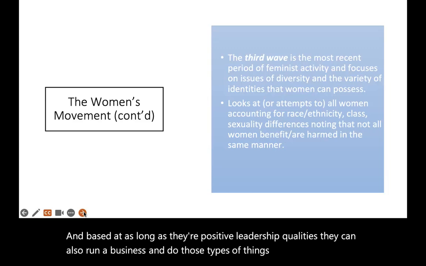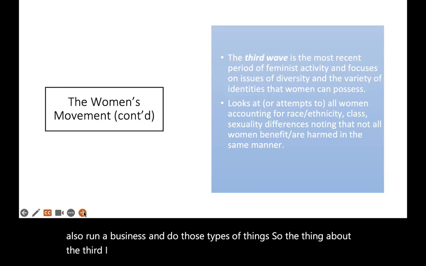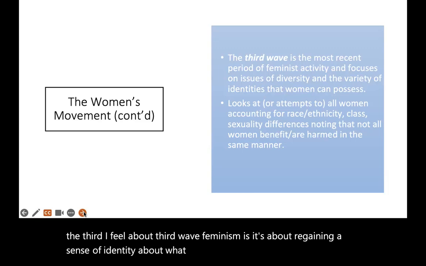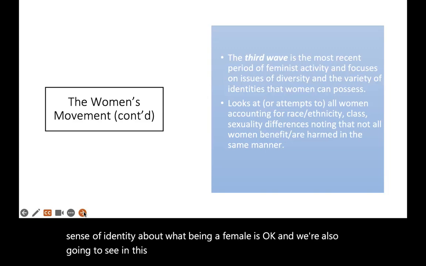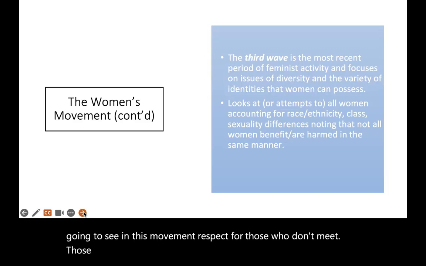So what I feel about third wave feminism is that it's about regaining a sense of identity about what being a female is, okay? And we're also going to see in this movement respect for those who don't meet those specific niches of that gender.